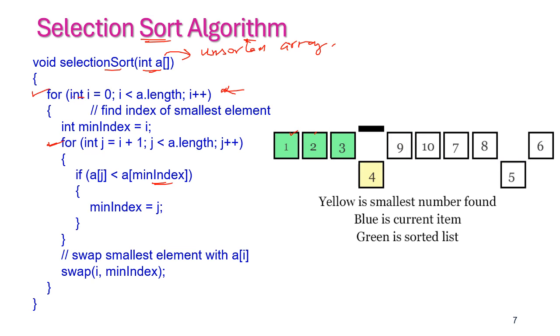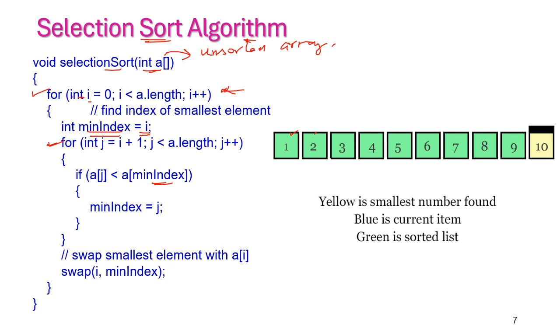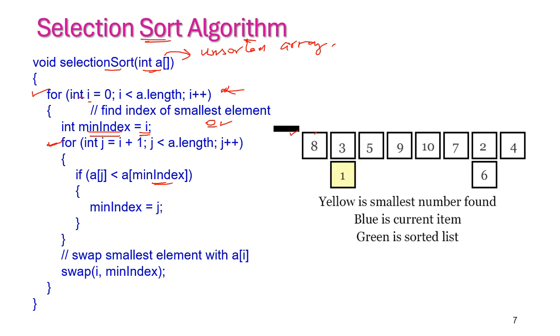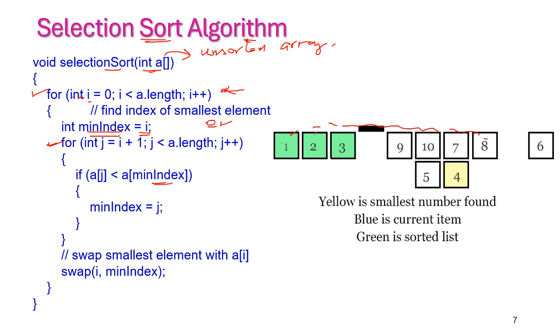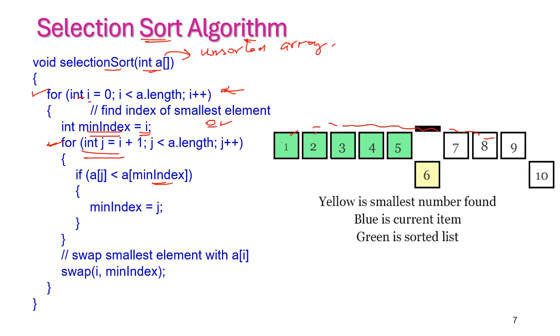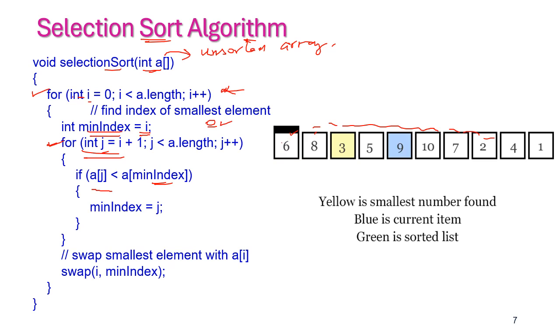In the first for loop, initially min equal to i. So initially we will take 0 as the min index, and this index will be compared with all the other values. For that we use the second index, that is j. If a of j is less than a of min index, then min index equal to j.